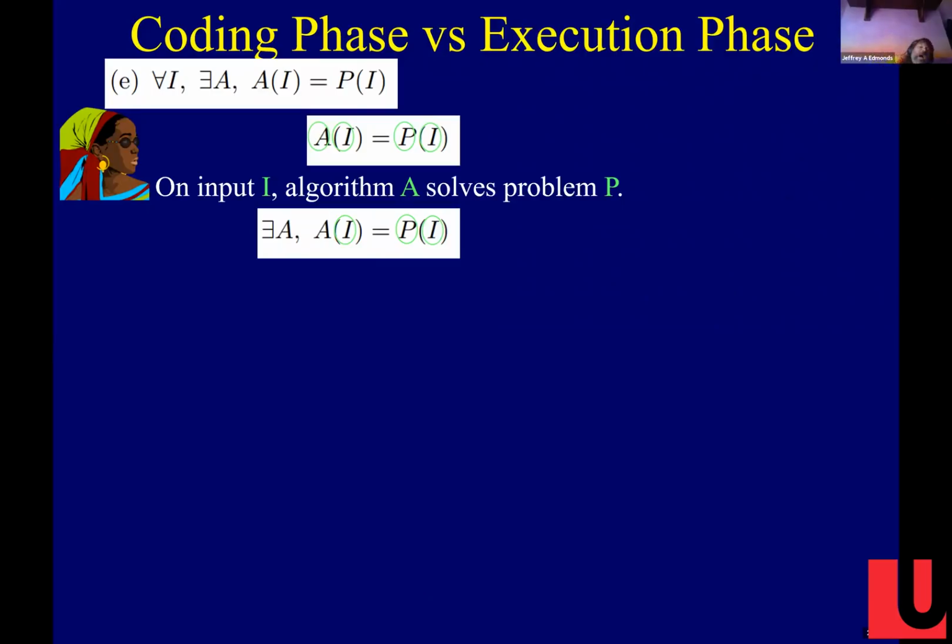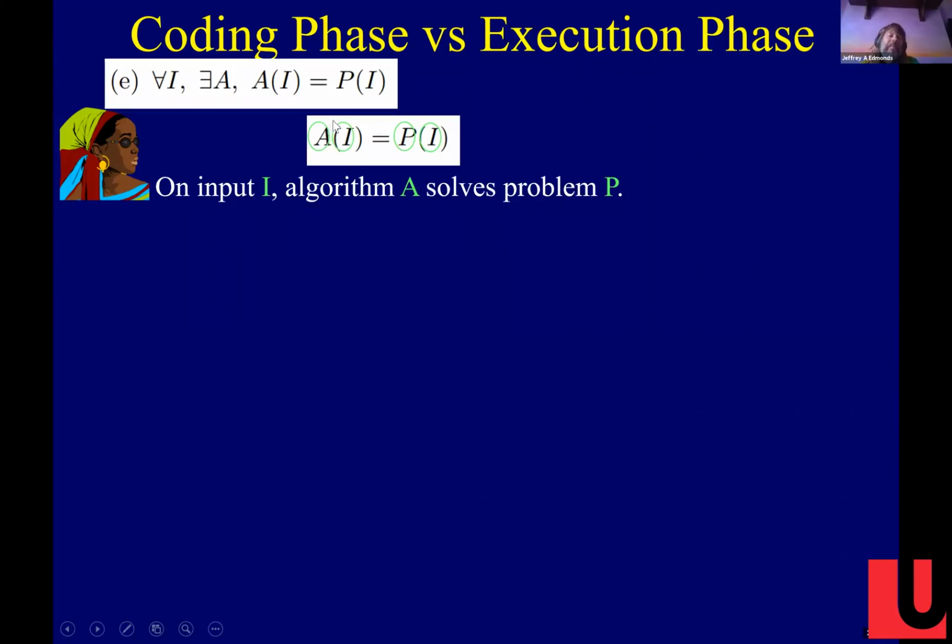Actually, on some earlier slides, I changed the slide as well to emphasize that this doesn't really imply that, let's go back to this. This doesn't necessarily say algorithm A solves the problem. What it says is algorithm A happens to give the right answer on input I, right?